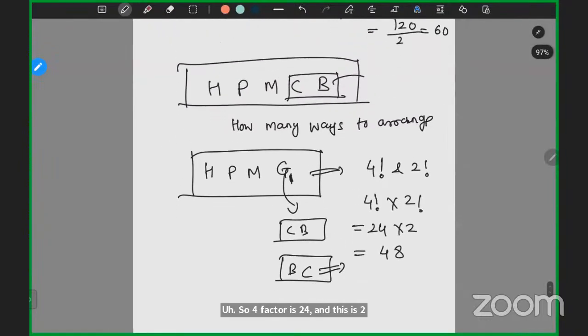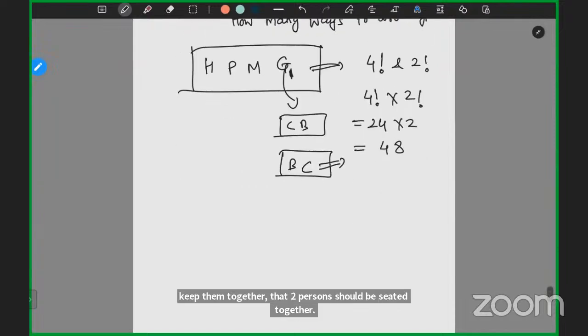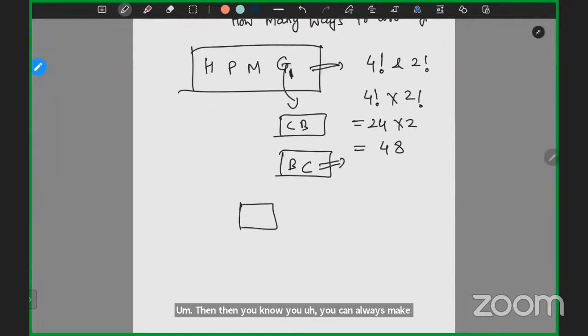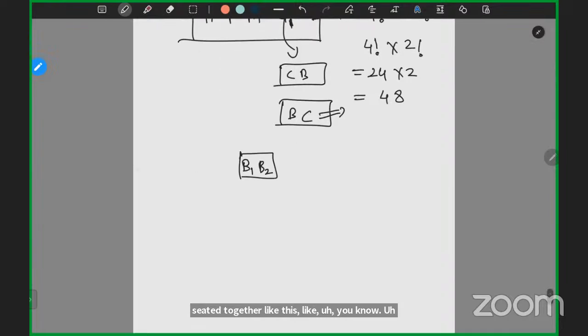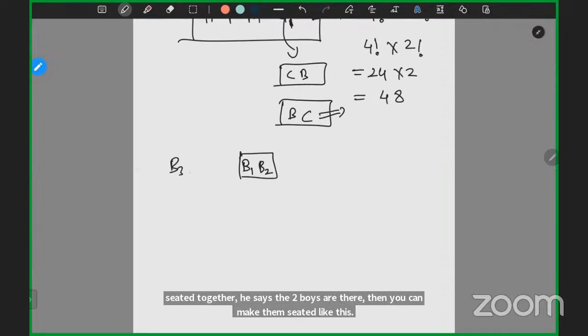Whenever they say keep them together, the two persons should be seated together. Then you can always make them seated together like this. Let's say the two boys are there, then you can seat them like this, and then arrange the rest of the boys.